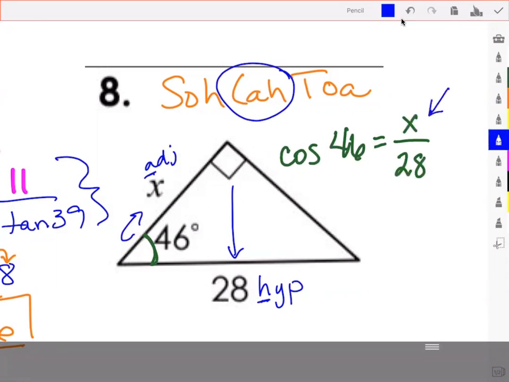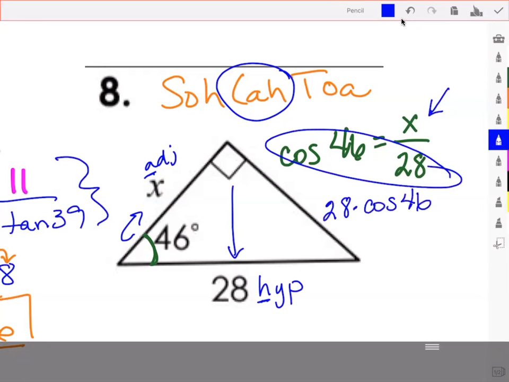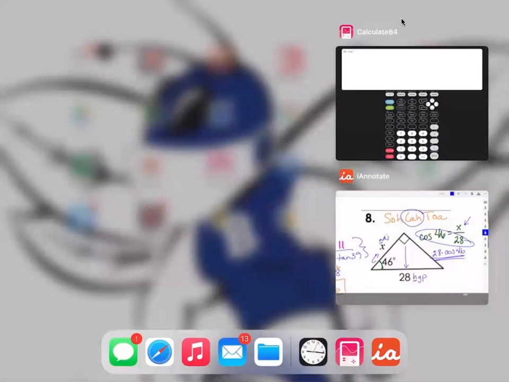Since X is on top, am I going to multiply or divide? Multiply. So 28 times cosine of 46. So type that in your calculator. 28 times cosine, I already forgot, what was it? 46.